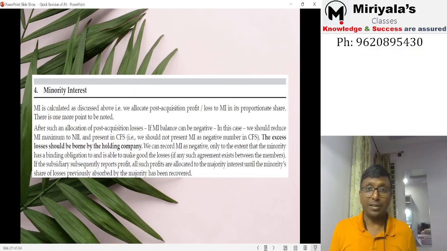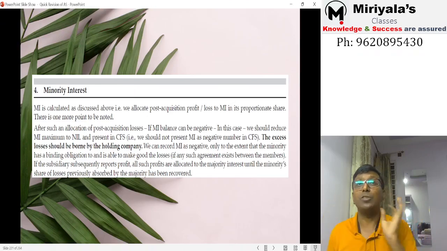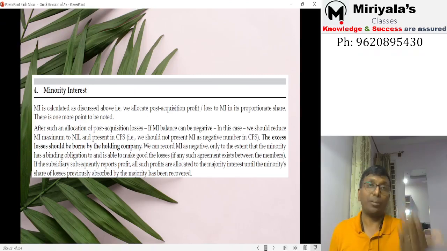Minority interest will be shown separately after the reserves and surplus and before the non-current liabilities. But one important point: minority interest should never be a negative number. Suppose the subsidiary is continuously making losses, the minority interest number should become 0 at the maximum.